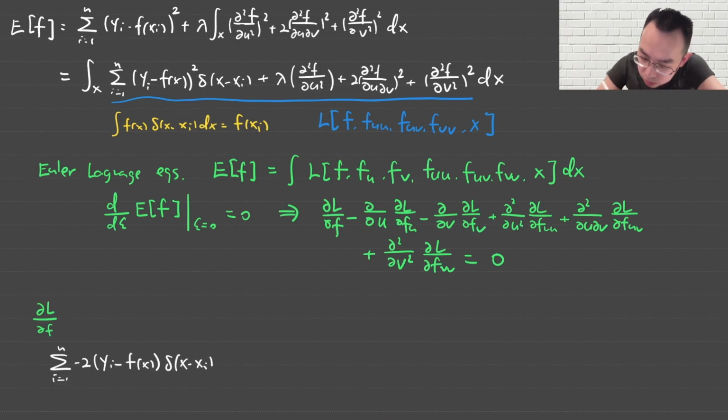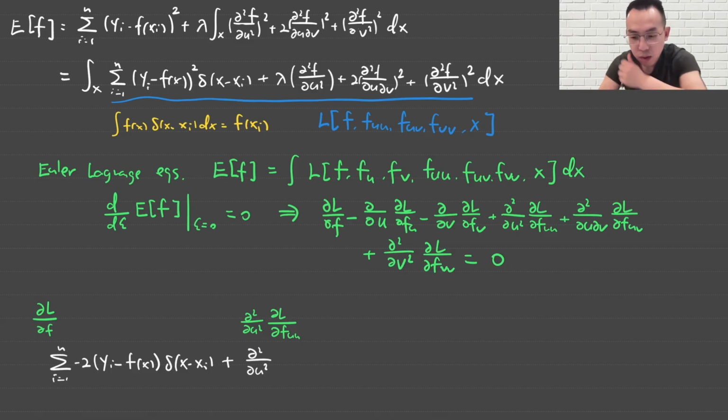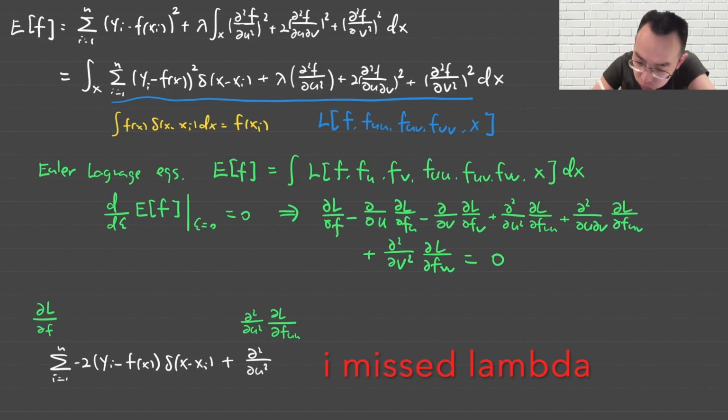Now let's see what's the next one. Next one is going to be partial L partial f_u, right? That's going to be 2 times.